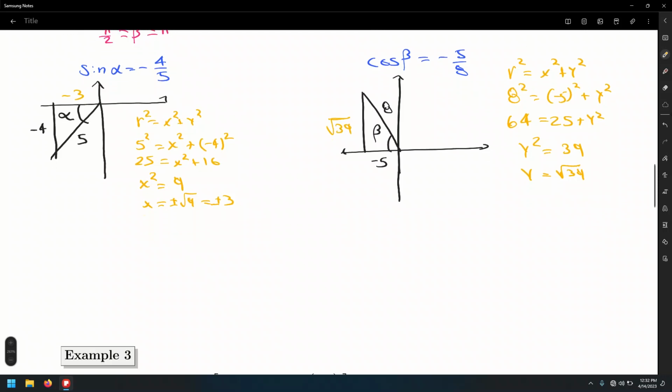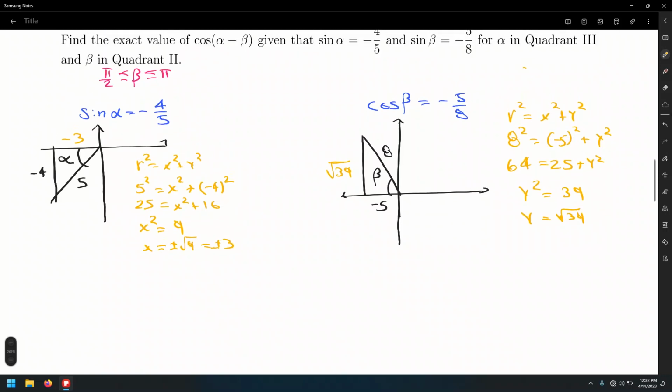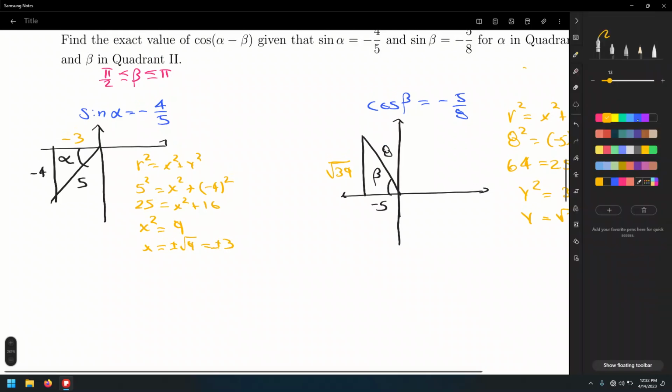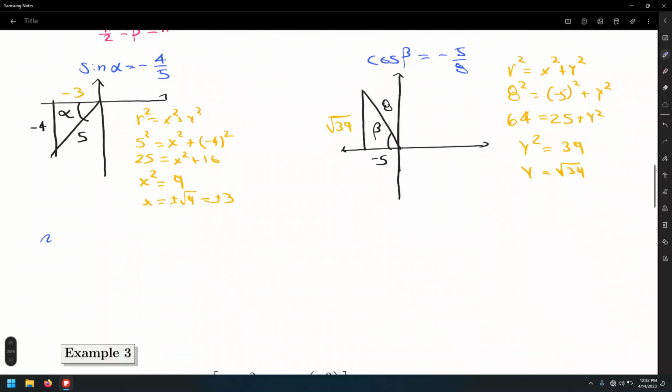I think we have all the information that we need, because now we can evaluate cosine of alpha minus beta. That's cosine alpha cosine beta, minus sine alpha, or rather plus, the minus becomes plus, sine alpha sine beta.